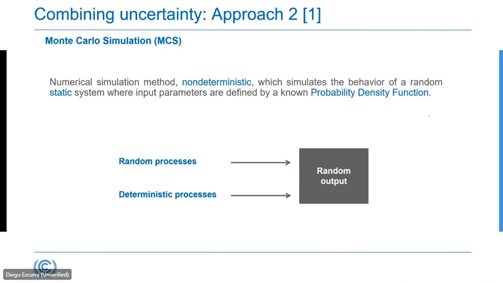And what does it mean? It means that if we assume a probability density function for a parameter, that distribution is not modified during time. It doesn't change with time.